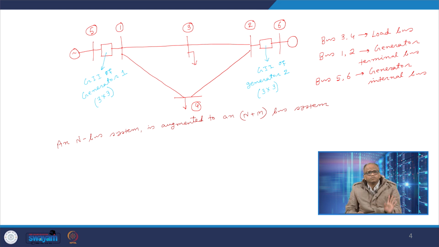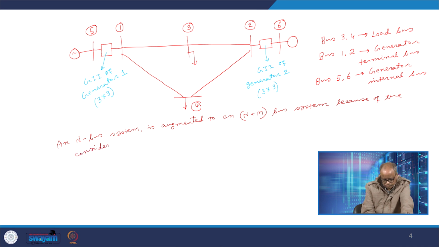These extra m buses are nothing but the internal buses for every generator in the system, because of the consideration of a generator internal bus for every generator.